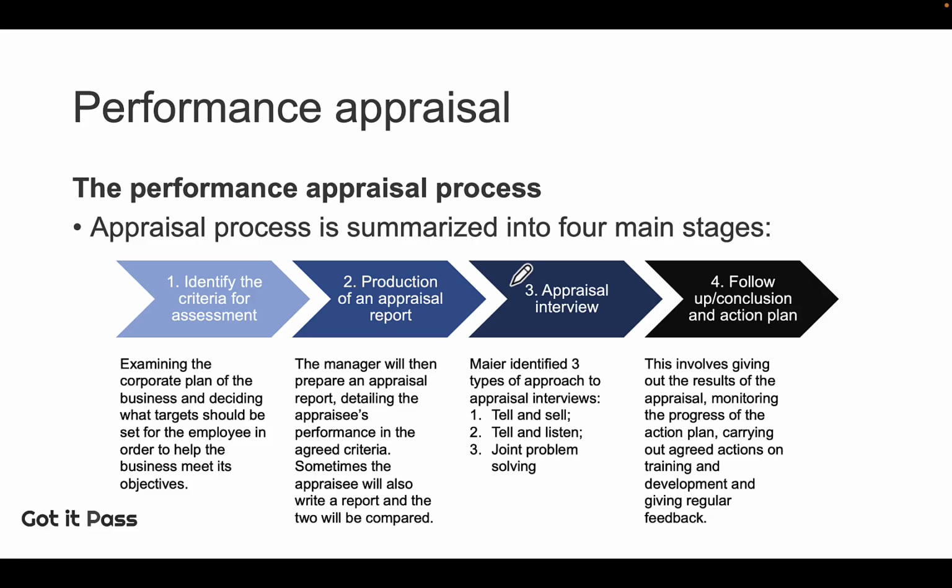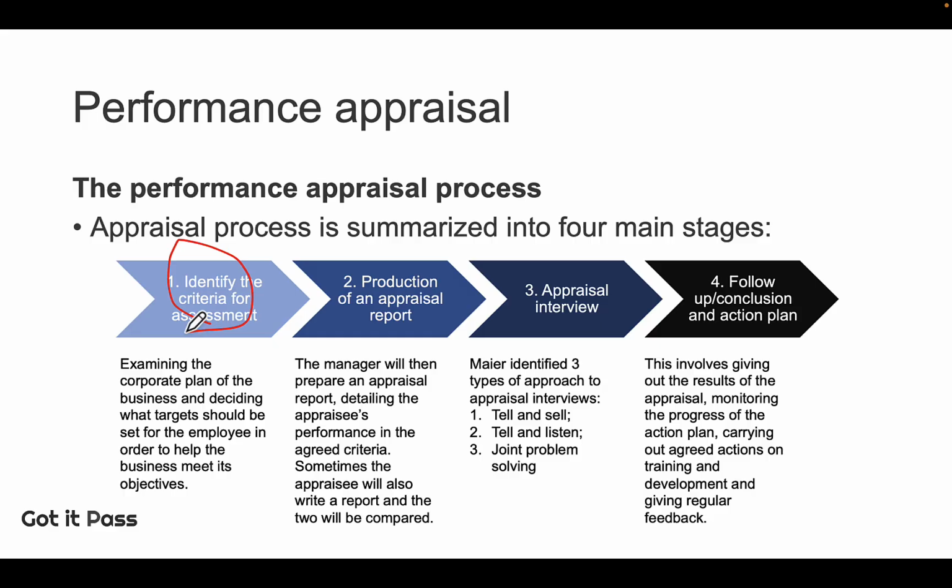For the first step, identify the criteria for assessment. It involves examining the corporate plan of the business and deciding what targets should be set for the employee in order to help the business meet its objective.